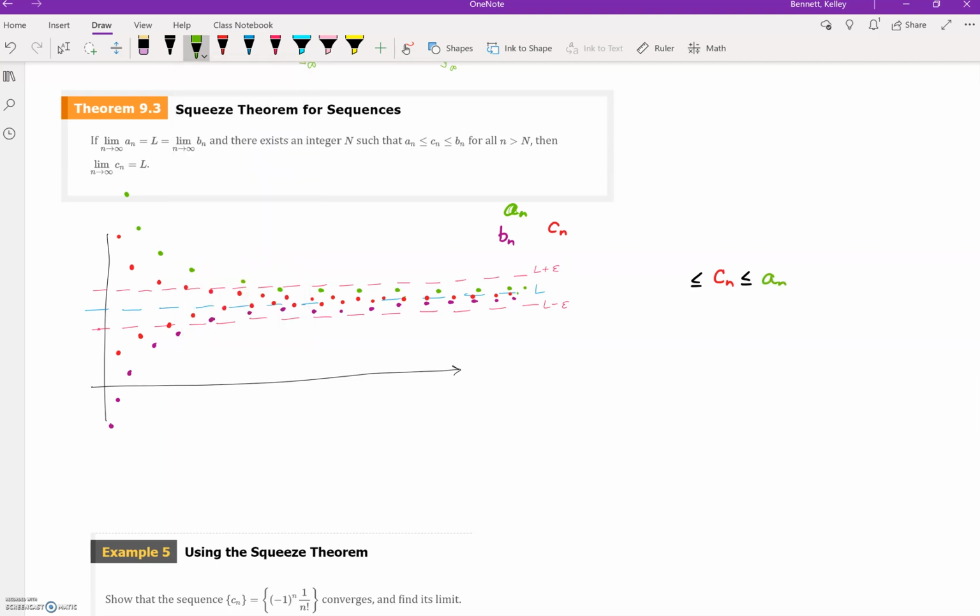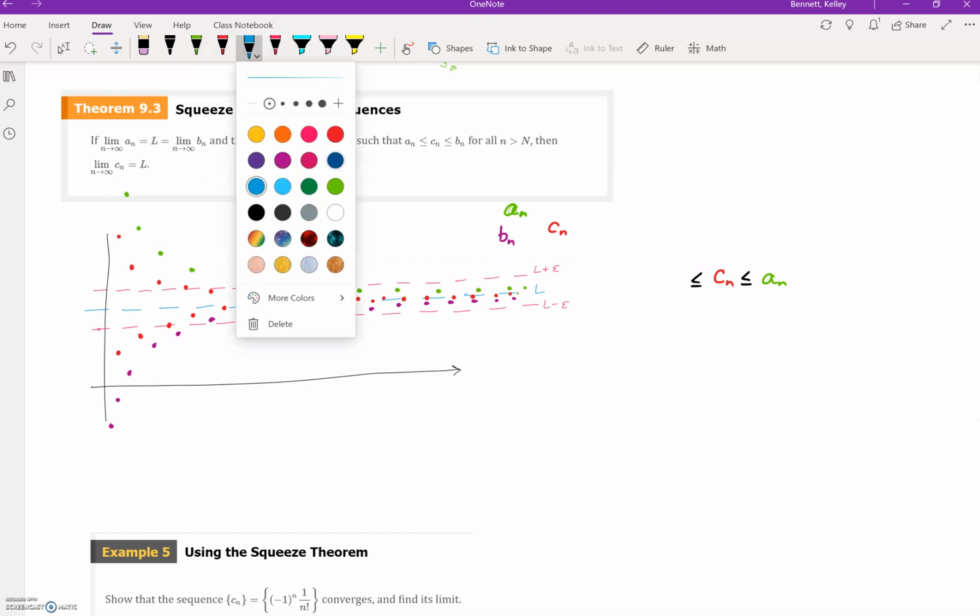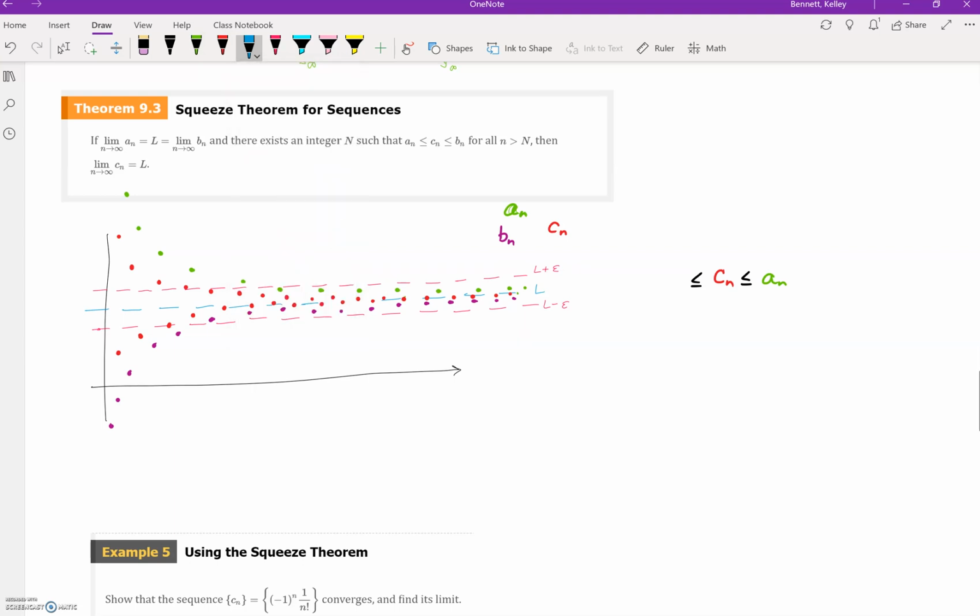So I guess A sub n was our top. So I'm writing this a little bit backwards, but it's the same idea. So as long as we can squeeze them between, then with A and B having the same limit, then so should C.